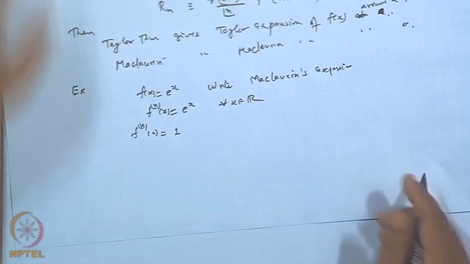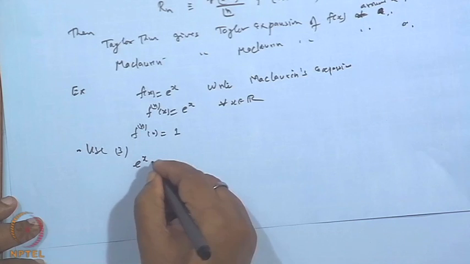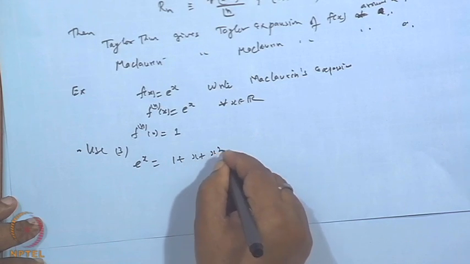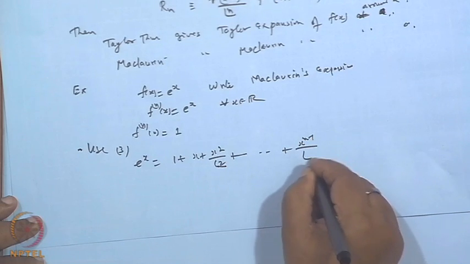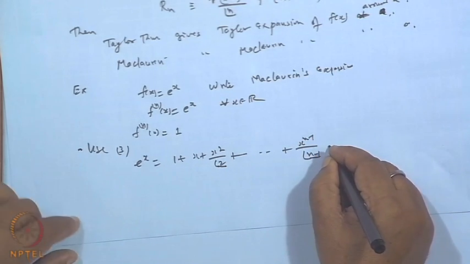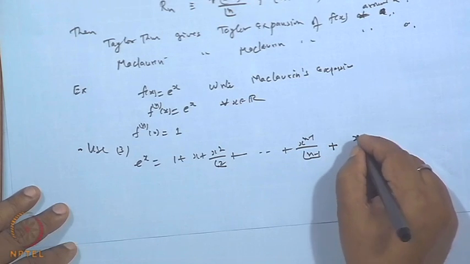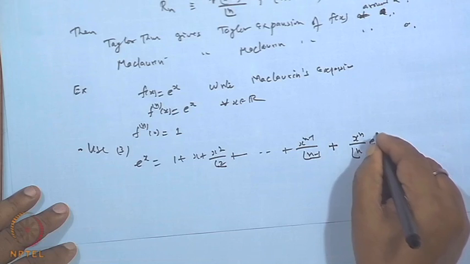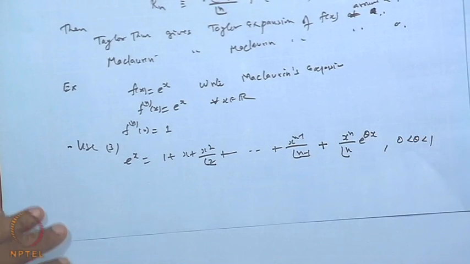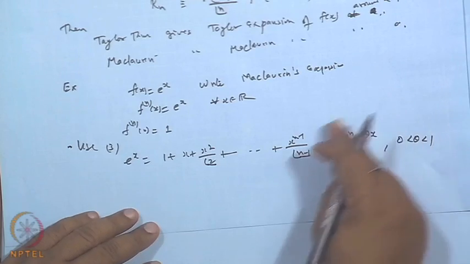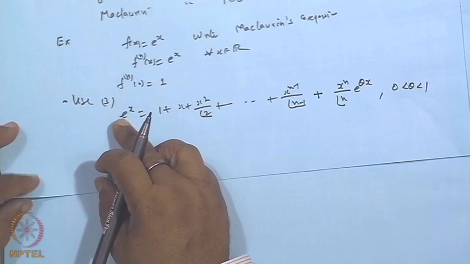Using 3, you will get the expansion as 1 plus x plus x squared over factorial 2 and so on, x to the power n minus 1 over factorial n minus 1, and then the remainder term, which will be x to the power n over factorial n e to the power θx, where θ lies between 0 and 1. But if the remainder term goes to 0, then we get the Maclaurin's series or expansion of the function e to the power x.